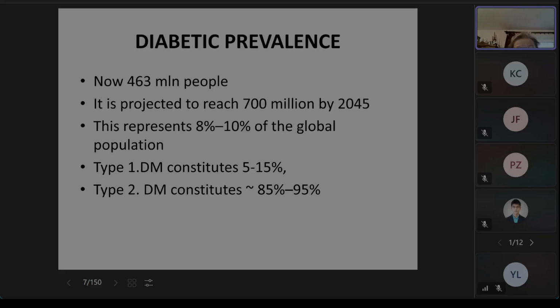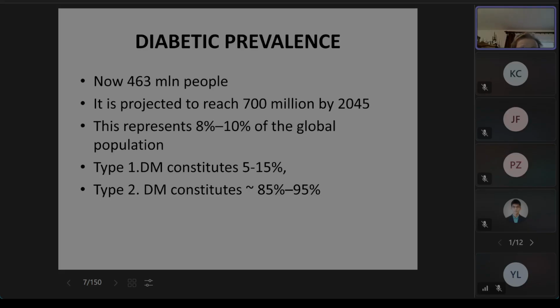It is claimed that nowadays it is over 500 million people, sorry, and it is projected that in 2045 it would be over 700 million people all around the world. This is about 8 up to 10% of the global population.